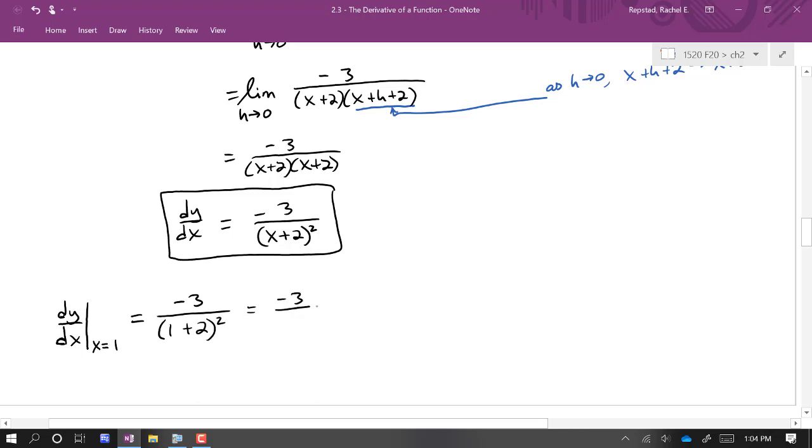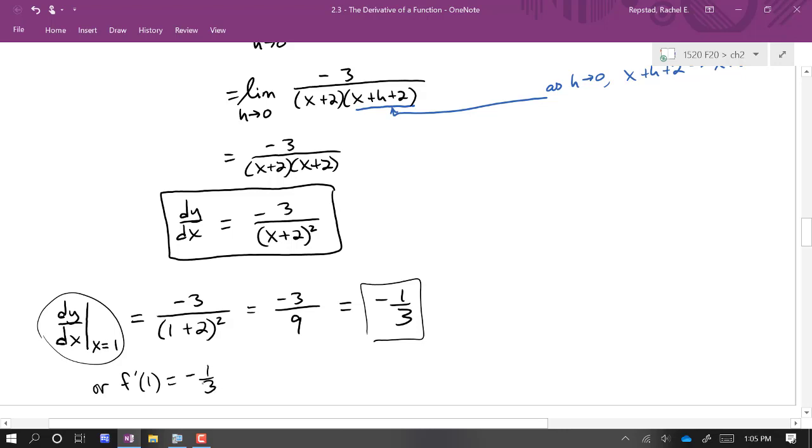This is -3 over, let's see, 3 squared is 9. So this is -1/3. So with the dy/dx notation, this is how we indicate we're evaluating it at x equals 1. Or if you're using the prime notation, you could say f prime of 1 equals -1/3. Right? They mean the same thing.